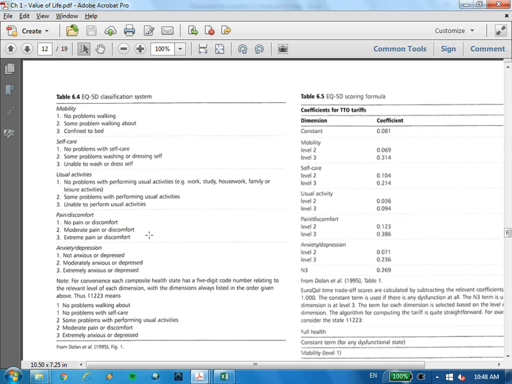It asks some questions, does some calculation, and gives you a weight. If the estimate for utility always varies between 0 and 1, where 0 means death and 1 means perfect health, then a common distribution to use is a beta distribution.